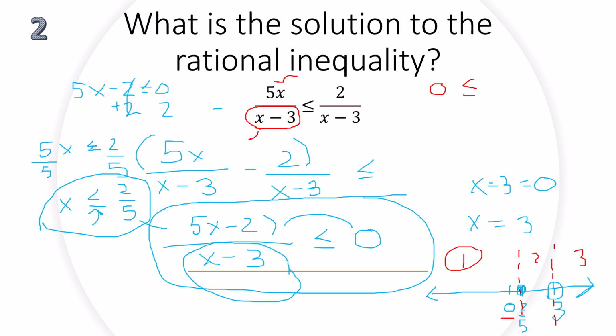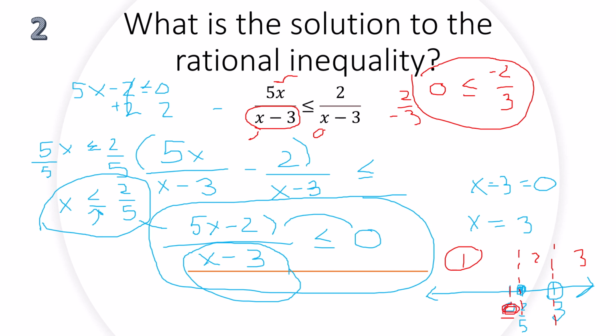All right, now we're going to look at the right-hand side. 0 minus 3 is negative 3. So we have positive 2 over negative 3, that's negative 2/3. Now we're going to evaluate whether this statement is true. Is 0, let's look at 0, it's right here.